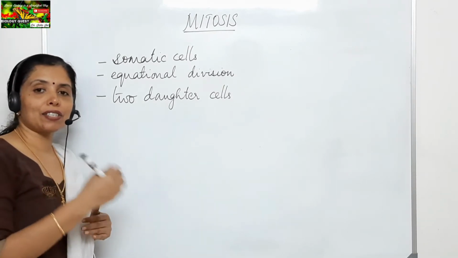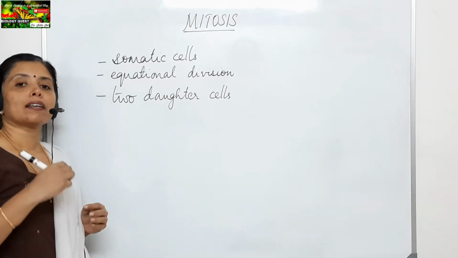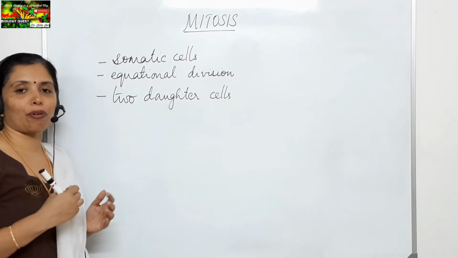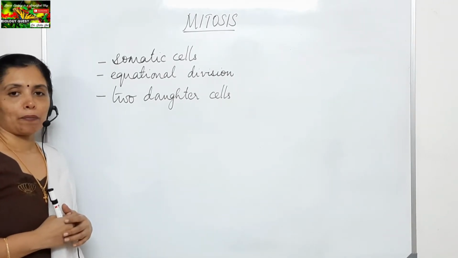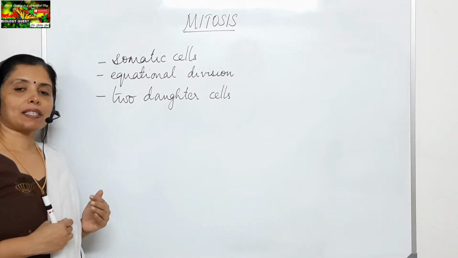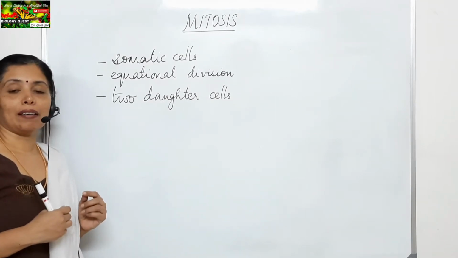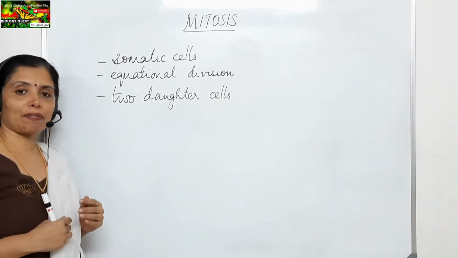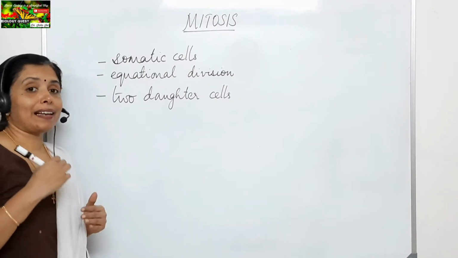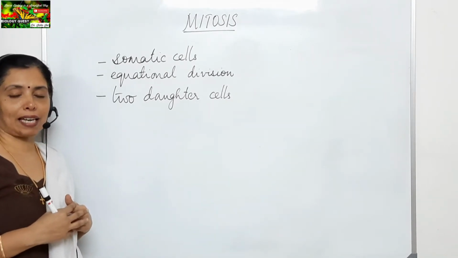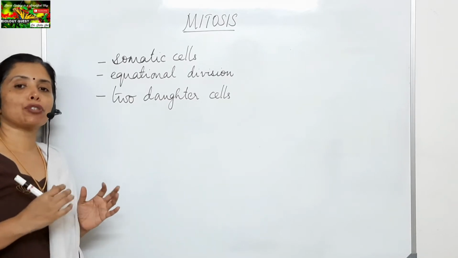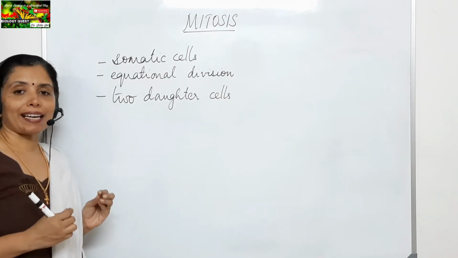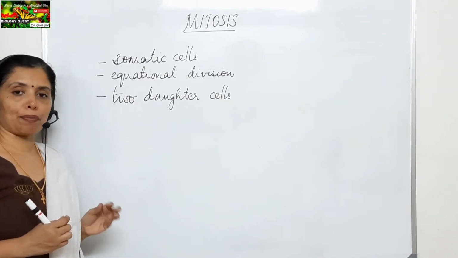As the cell enters the cell division phase, each of these 46 chromatin fibers condenses and coils to form the chromosomes. And we have seen that each chromosome undergoes duplication in the S phase of the interphase. So by the time the cell enters the mitotic stage, each chromosome will have two arms, which are called the chromatids, which are joined at a region called the centromere.